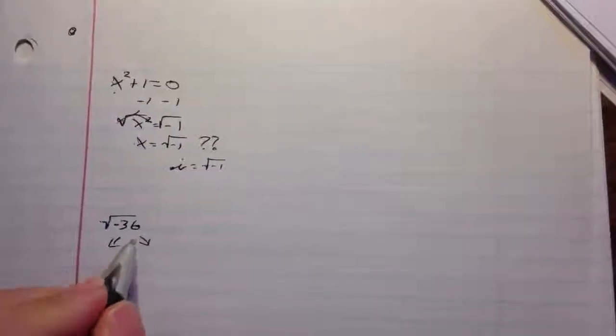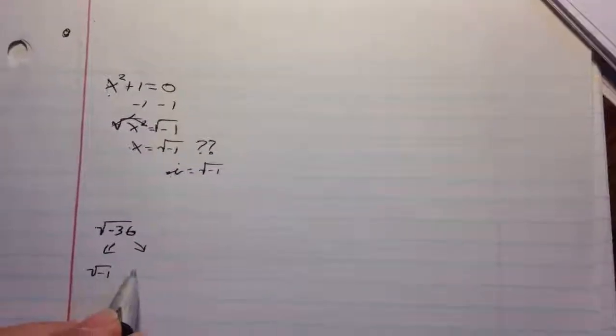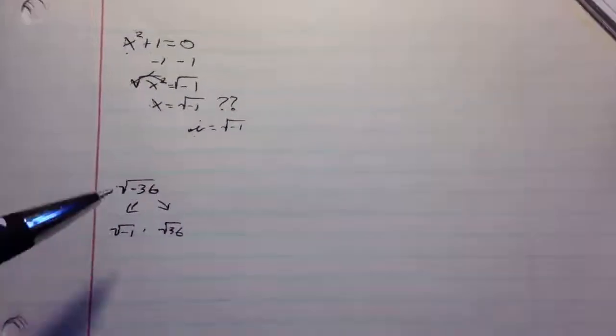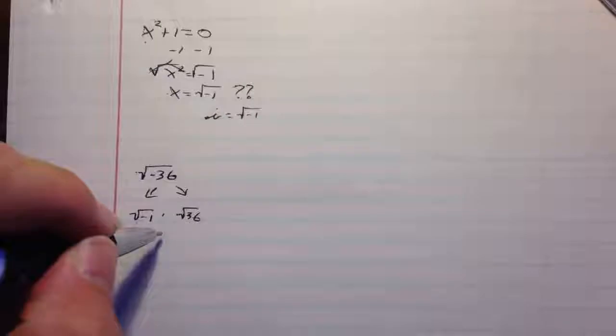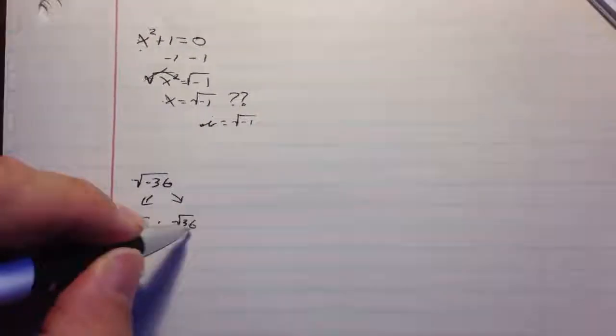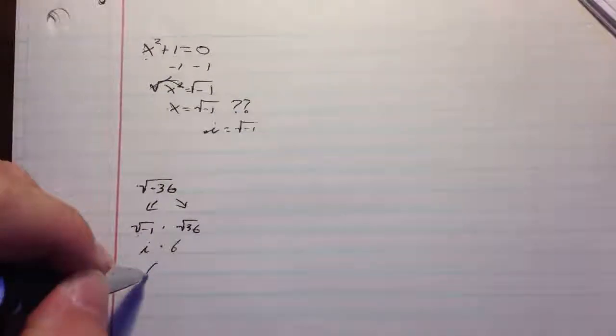But since y'all are first learning how to do this, I encourage you to literally write it like this right here. Doing this forces you to remember, oh, wait a minute, that's i. So it's going to simplify to an i. Square root of 36 is 6, so 6i is going to be my simplified answer.